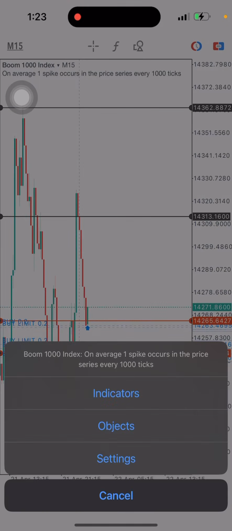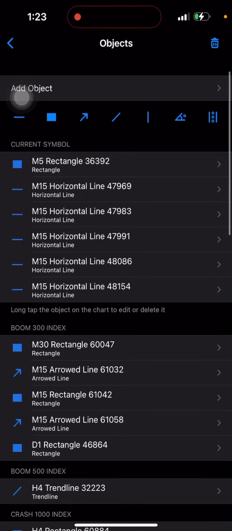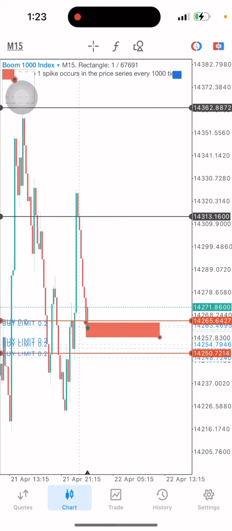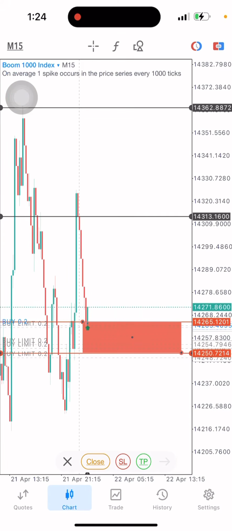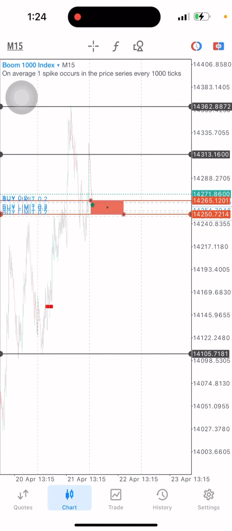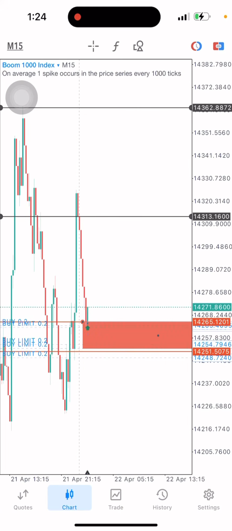Now what you're going to do is try and color the zone like this, and extend the zone like this, and I think you are done.